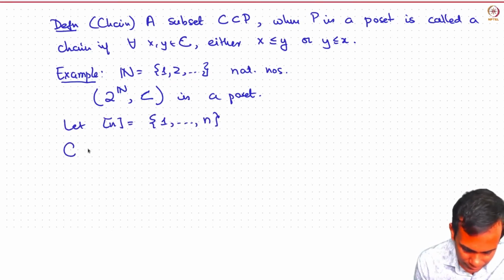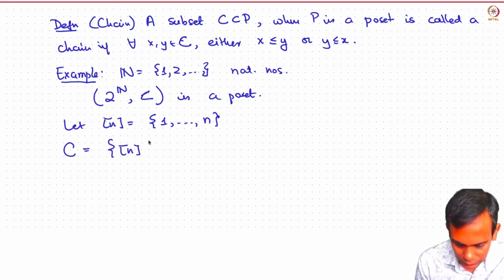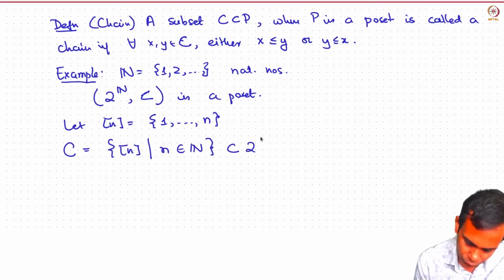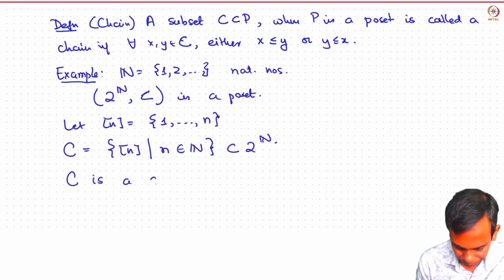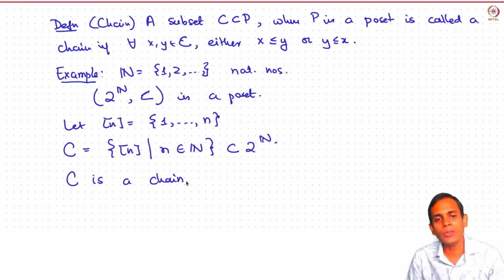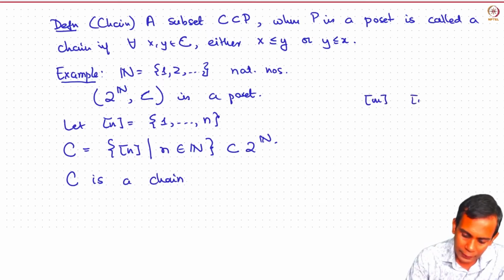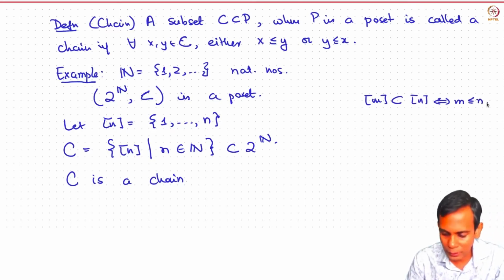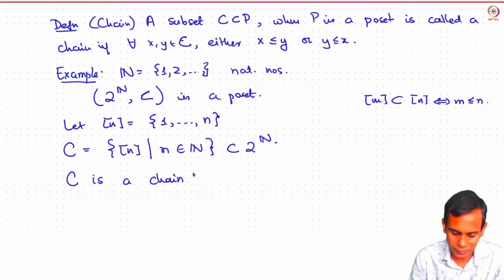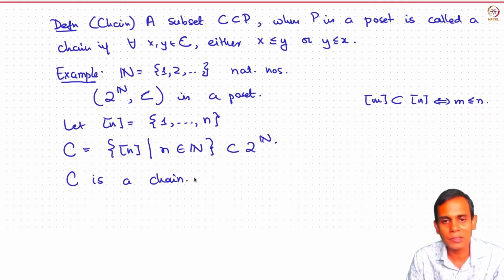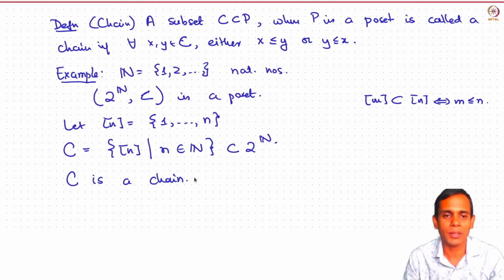Then you look at C equals this collection [n], n belongs to N. This is a subset of 2 to the power N, and C is a chain, because any two elements of C will be of the form [m] and [n], and [m] is contained in [n] is the same as saying that m is less than or equal to n. So any two elements of C will be comparable. The ordering on the elements of C will match with the ordering of the corresponding integers.